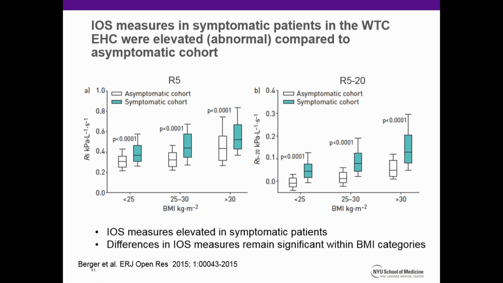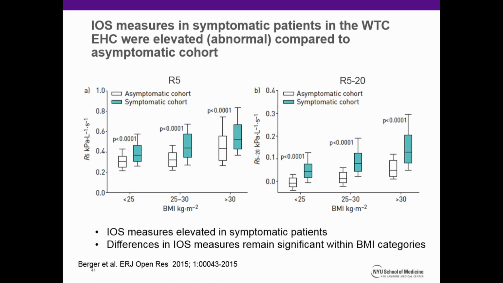So we went back to our clinical population and used our controls here. What you can see here in blue is our symptomatic clinic population compared to the clear bars, which are our control population. You can see over and over again that the values are more elevated in our clinic population.